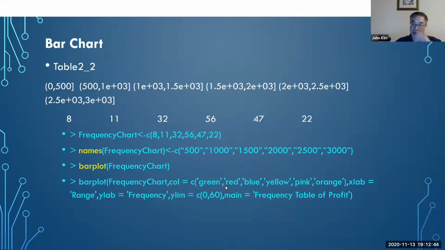So we can make a data, vector data. Name is a frequency. I named frequency chart. Then put those numbers, frequency, from 0 to 500, 8 of them, 500 to 1000, 11, 32, and so on like this. So manually making a vector data file. So type those numbers using this function.